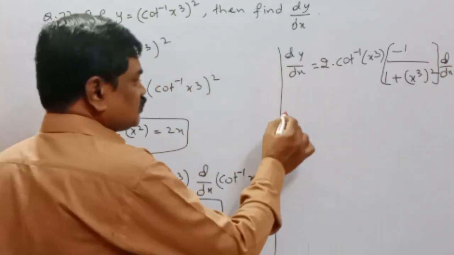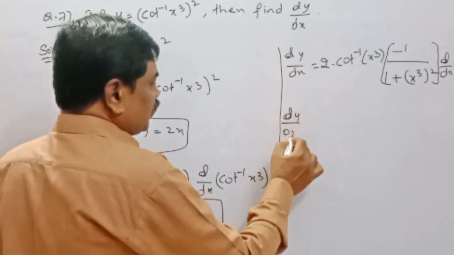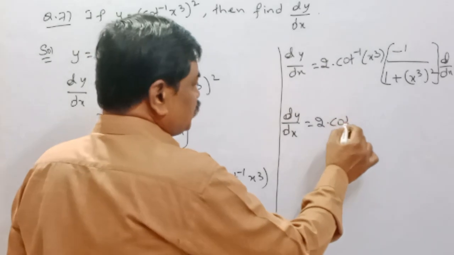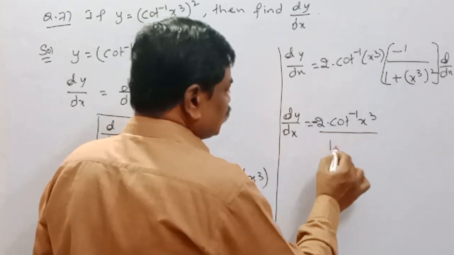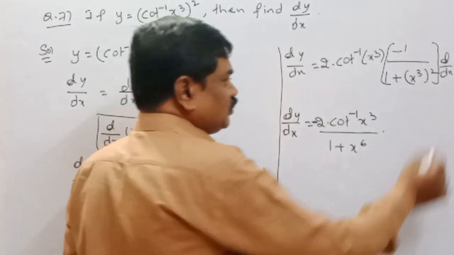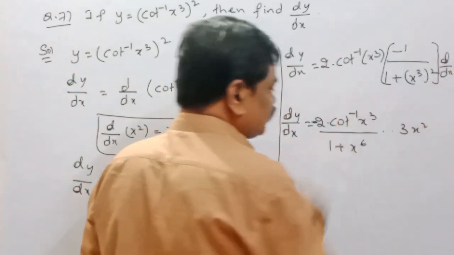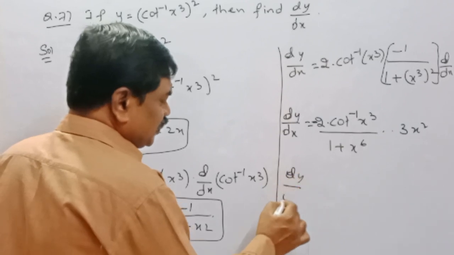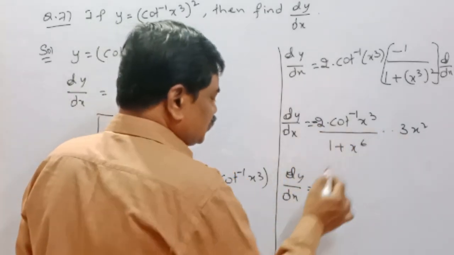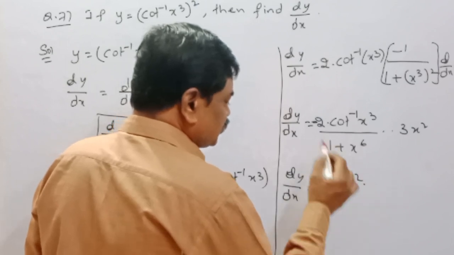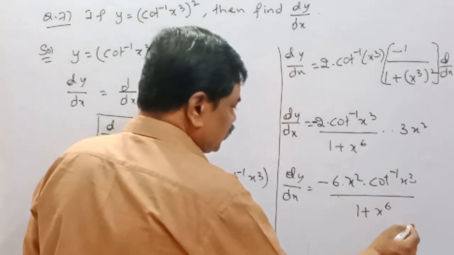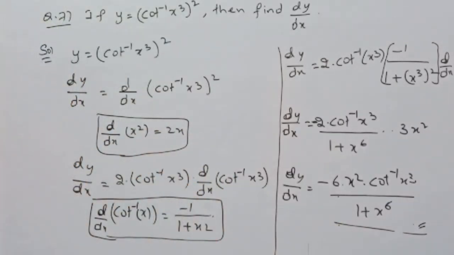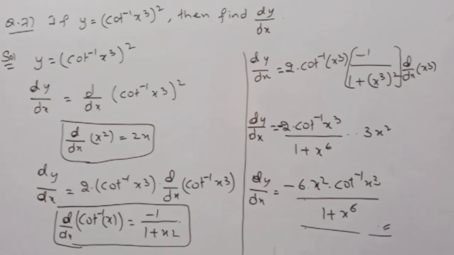So dy by dx is equal to 2 into cot inverse x cube, into minus 1 by 1 plus x power 6, into the derivative of this one, 3x square. So dy by dx is equal to minus 2 into 3, that is 6, into x square into cot inverse x cube, by 1 plus x power 6. This is the dy by dx. Okay, all of you, that's all.